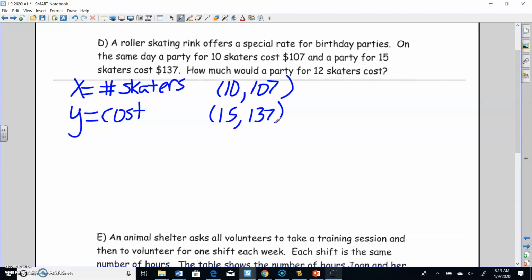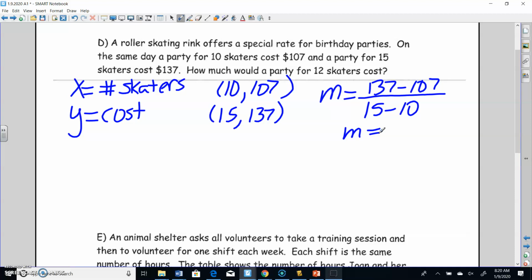So here we don't have what? We don't have the slope. So we've got to figure the slope. Nolan, are you with me? Okay. We're going to figure the slope. And that's y2 minus y1 over x2 minus x1. So that's 137 minus 107, and then 15 minus 10. 137 minus 107 is 30.